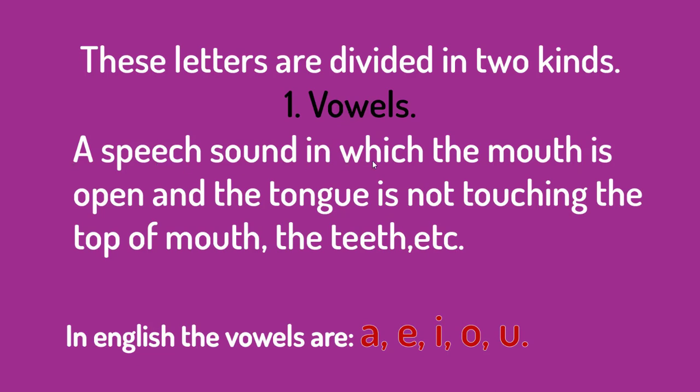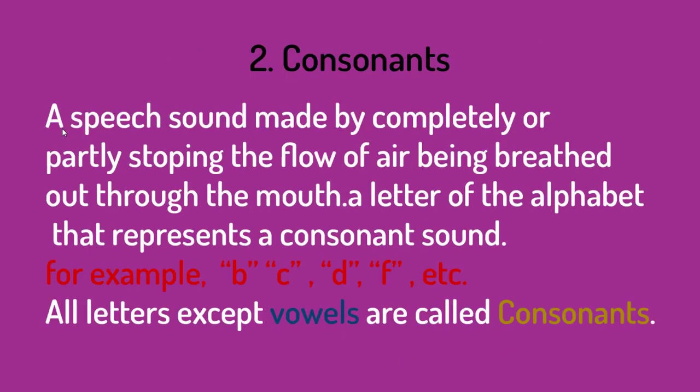A vowel is a speech sound in which the mouth is open and the tongue is not touching the top of the mouth or the teeth. In English, the vowels are A, E, I, O, and U. A consonant is a speech sound made by completely or partly stopping the flow of air being breathed out through the mouth.